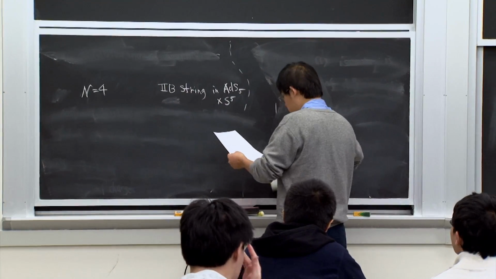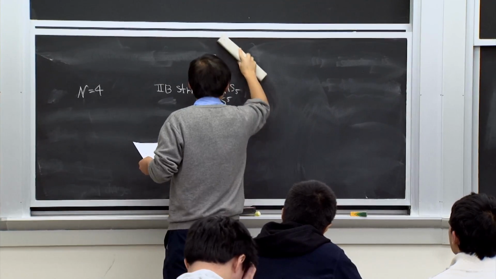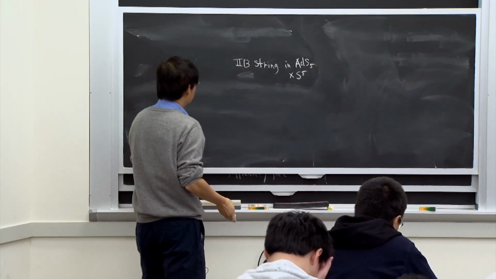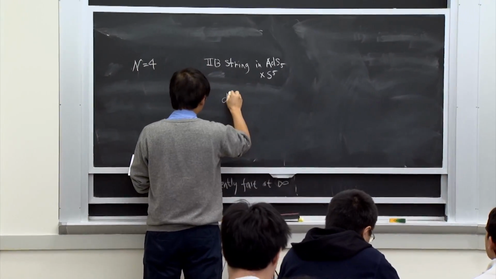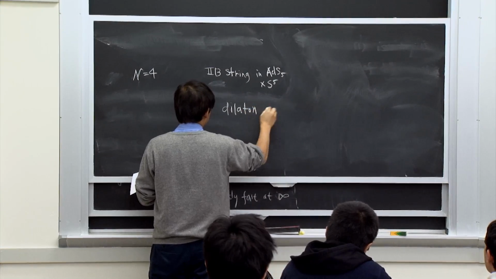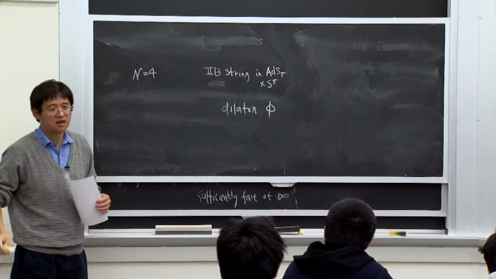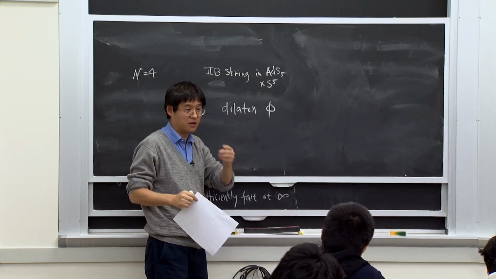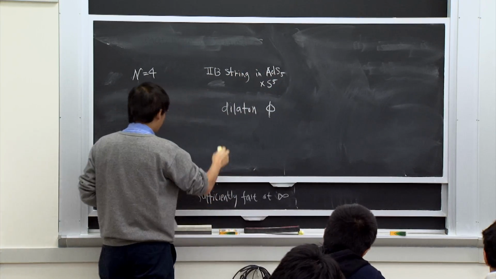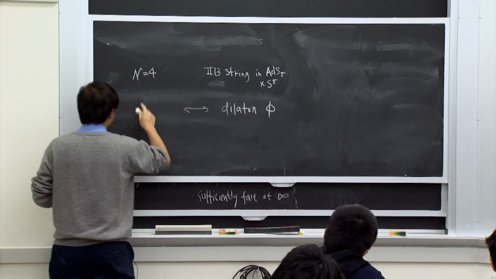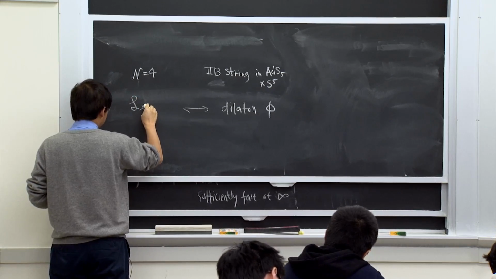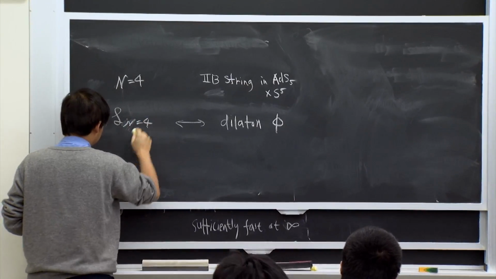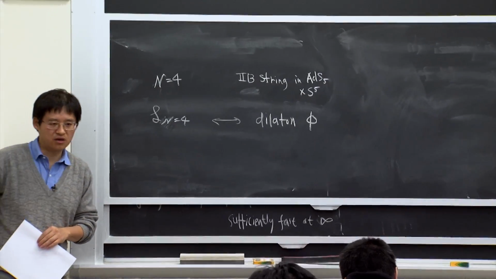So the most important mapping: as we said, on the string theory side, you always have this dilaton, a scalar field, which will appear as a scalar field in AdS5, for example. And it turns out this dilaton field is mapped to the Lagrangian of the N=4 super Yang-Mills theory.